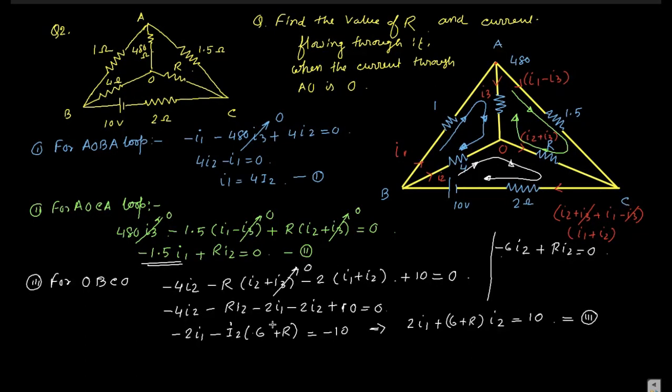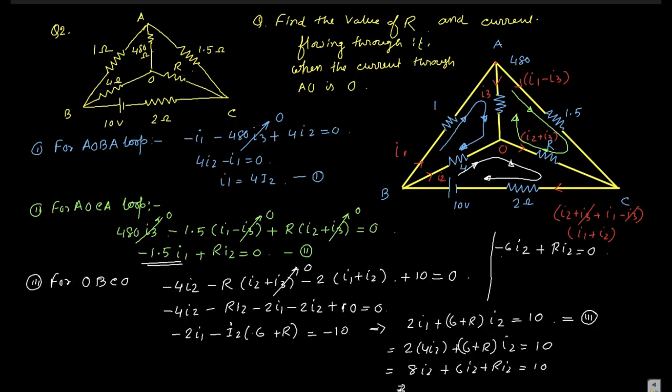and it becomes, if I1 is 4I2, so it becomes 2 into 4I2 plus (6 plus R) into I2 is equal to 10. So 8I2 plus 6I2 plus RI2 is equal to 10.